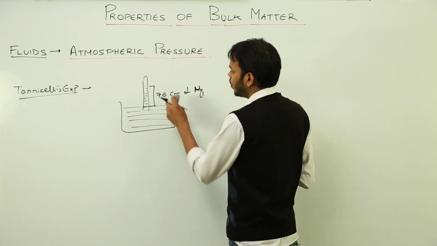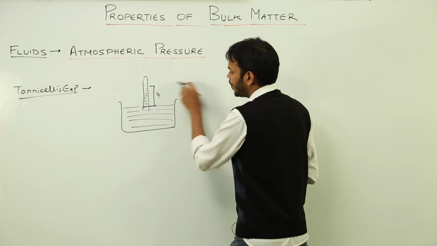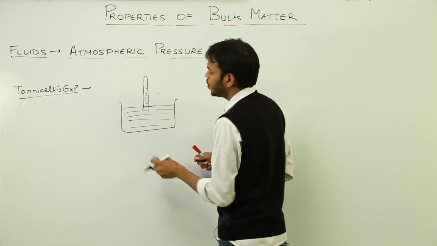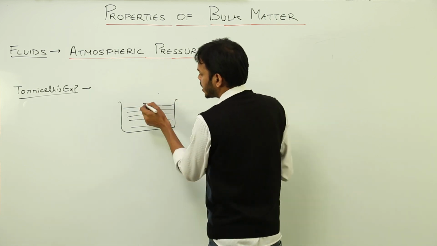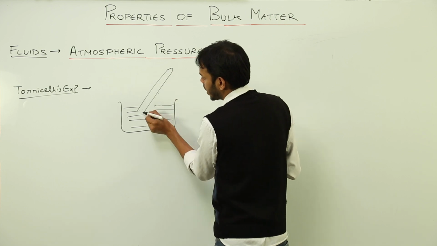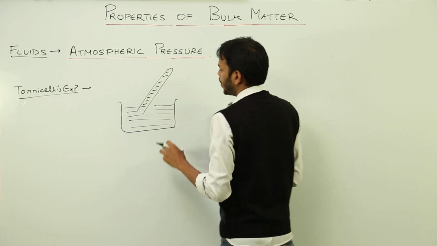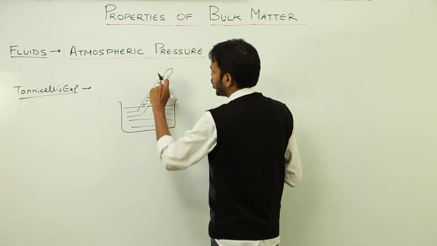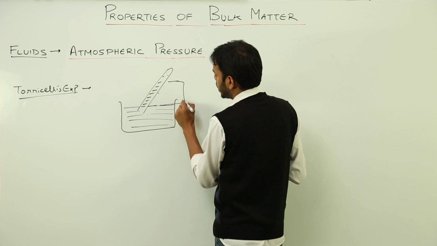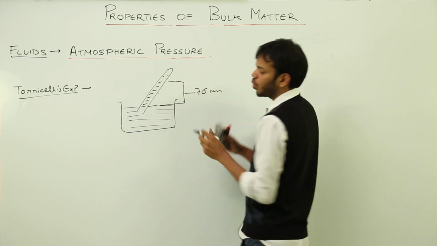No matter how we incline the tube, whether straight vertically upwards or inclined in this way, the vertical height up to which the mercury remains suspended inside the tube was still 76 centimeter only.